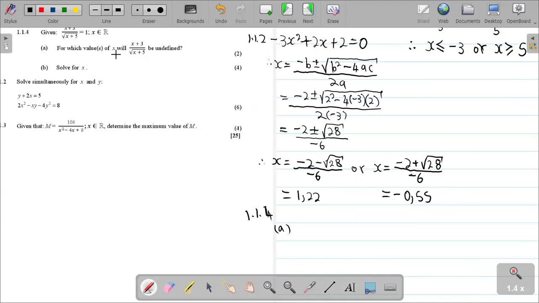So for this to be undefined, what must happen? The denominator must be equal to 0. So it means that the square root of x plus 5 should be equal to 0. This means that x plus 5 should be equal to 0. So this means that x should be equal to -5. Okay? So, and then they say we must solve for x.